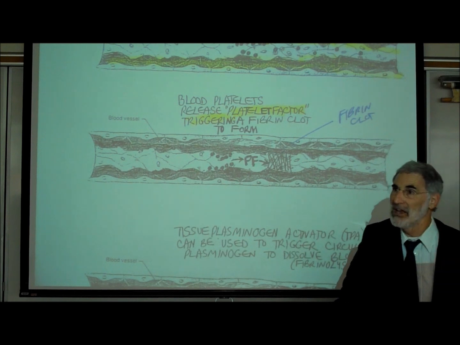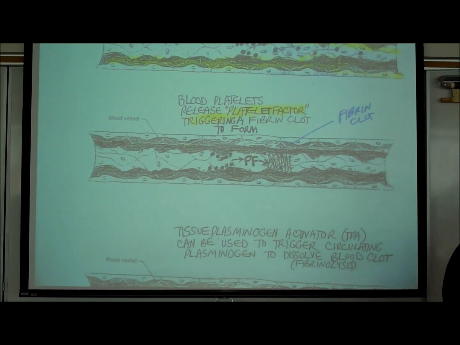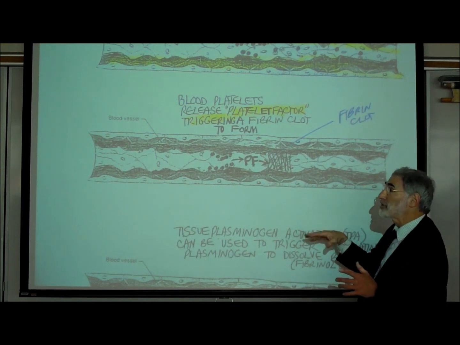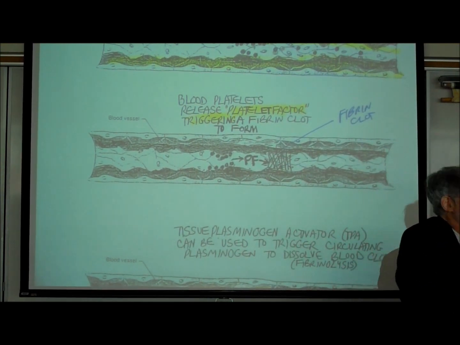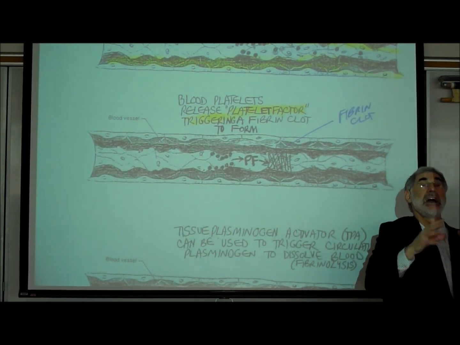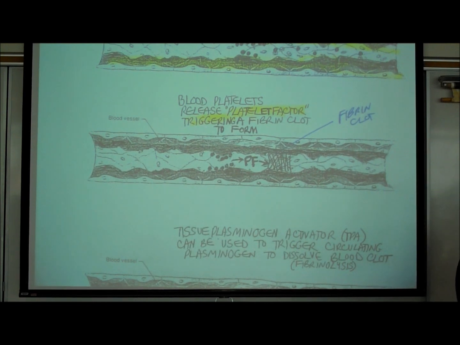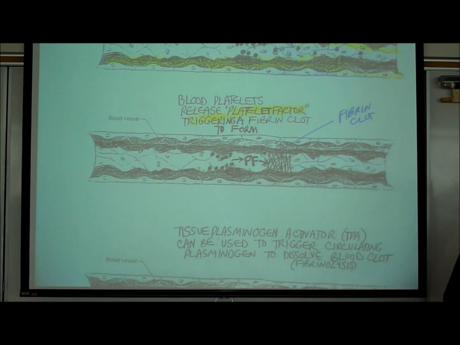Heart muscle cells can live somewhere between 12 to 15 minutes without oxygen. But if after 12 to 15 minutes oxygenated blood is not flowing through this vessel, this branch of a coronary vessel, that heart muscle dies. And that's called a myocardial infarction, an MI, or what lay people commonly call a heart attack.